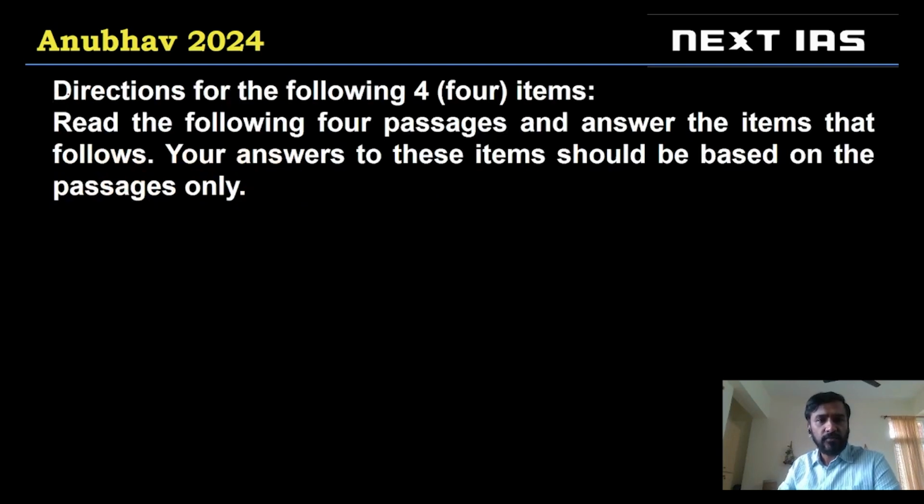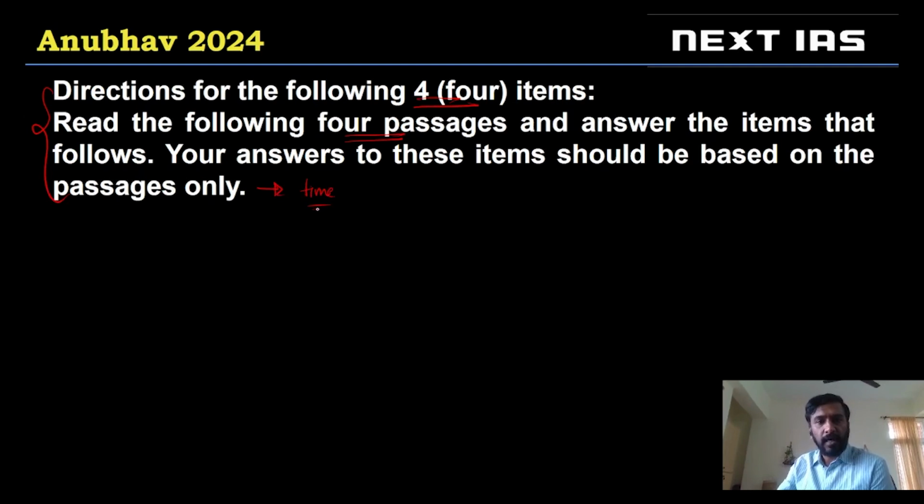For each of these sets of passages, you'll get directions or diagrams which include the number of questions and the number of passages. Students who are relying totally on verbal, this will tell you how much time it is going to take.